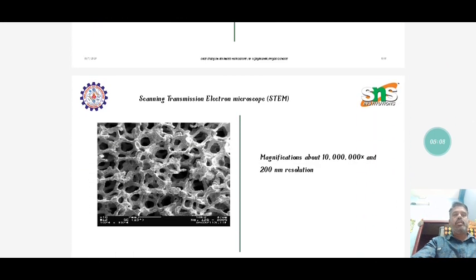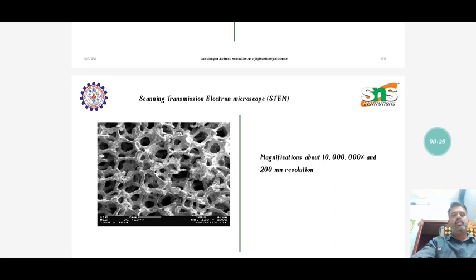The next one is at a very advanced level. This is the final stage of electron microscopes: STEM, that means scanning transmission electron microscope. It combines the scanning electron microscope and the transmission electron microscope.